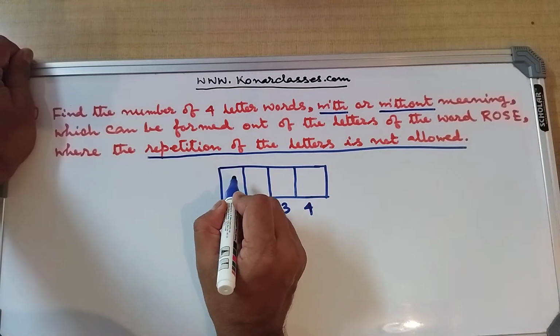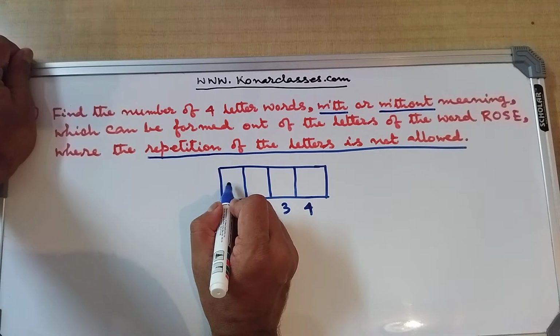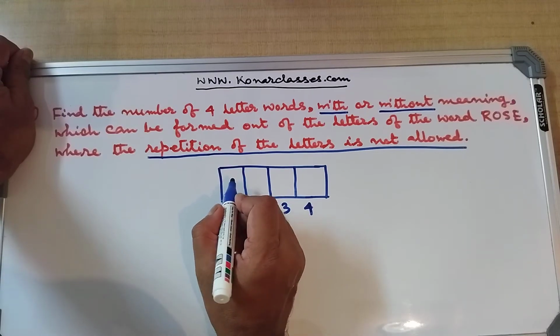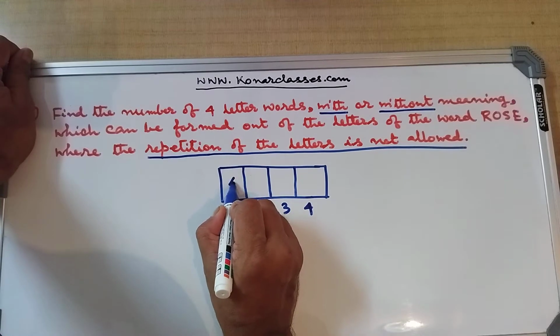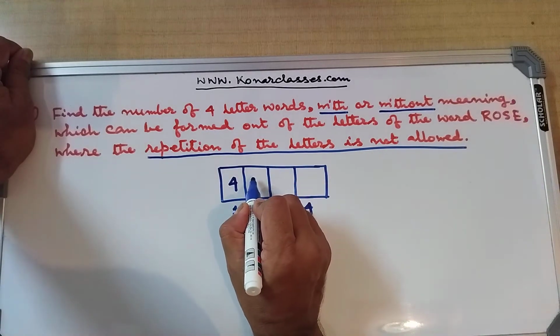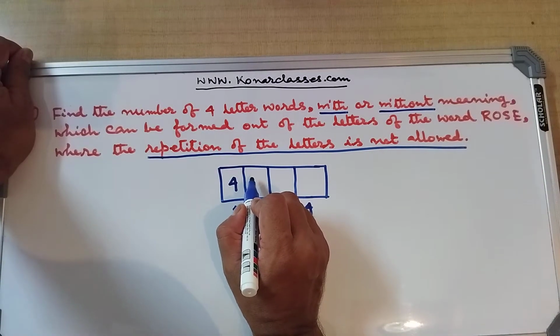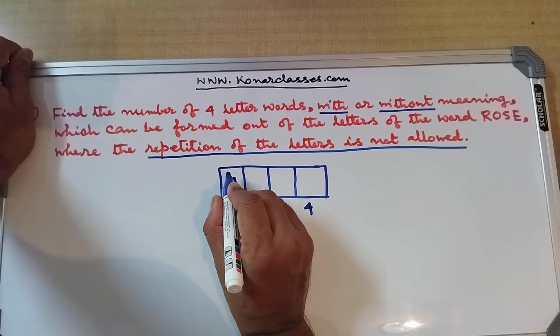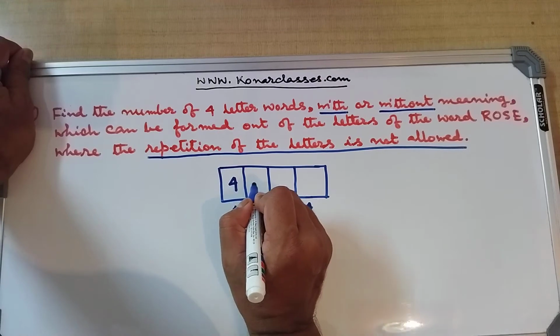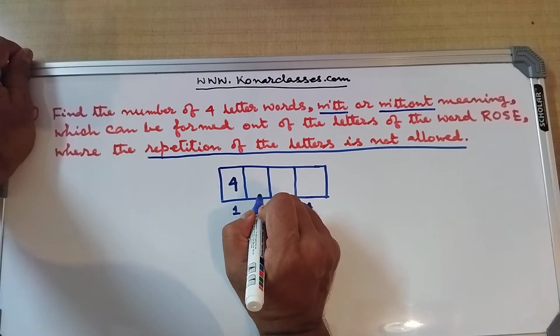Now let's look into the first position. The first position can be filled by either R or O or S or E. That means this can be filled in 4 different ways. Now for each of these 4 ways, the second position can be filled in 3 different ways. How? Whatever letter has been used in the first position, we cannot use in the second one.